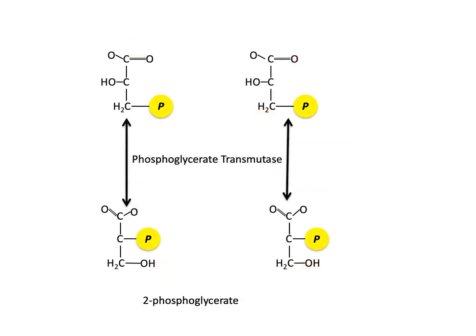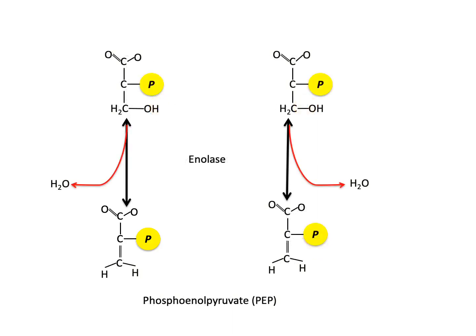We have an isomerization reaction in which we go about moving the phosphate from the first to the second carbon, forming 2-phosphoglycerate. That phosphoglycerate undergoes a reaction.